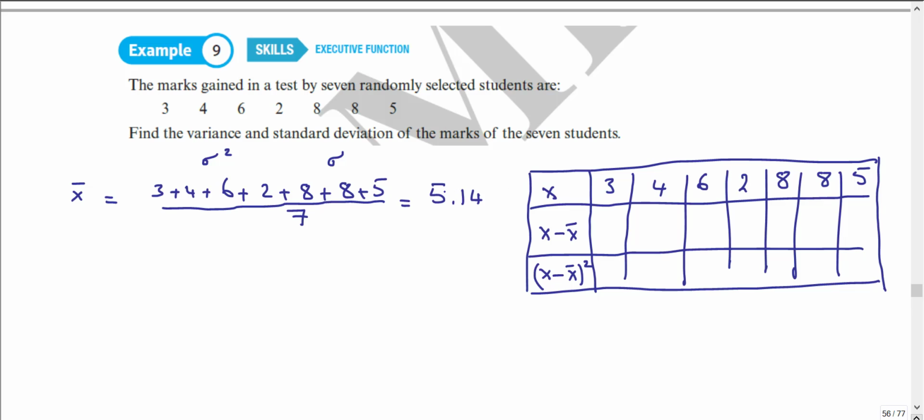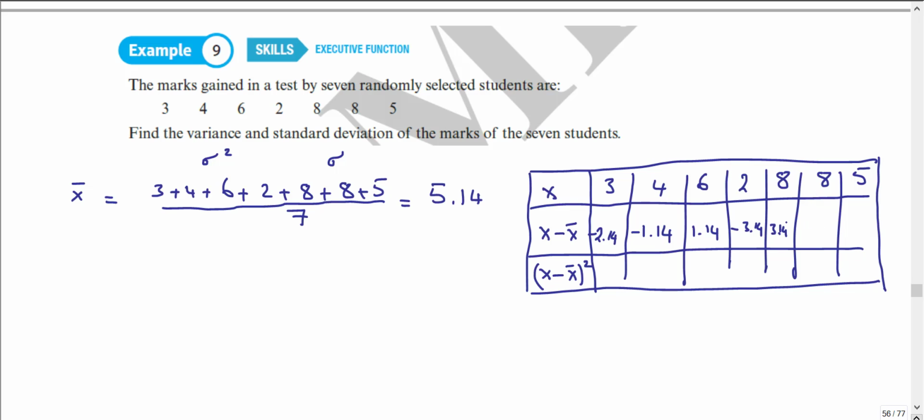So 3 minus 5.14 on the calculator will be 2.14. 4 minus this will be 1.14. 6 minus this, but wait, this is going to be negative. 2 minus this, minus 3.14. Be careful here. 8 minus this.